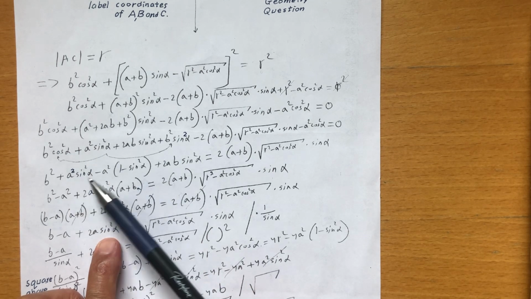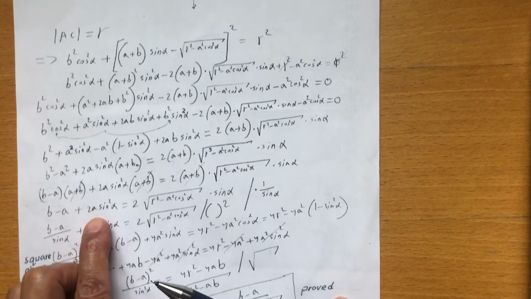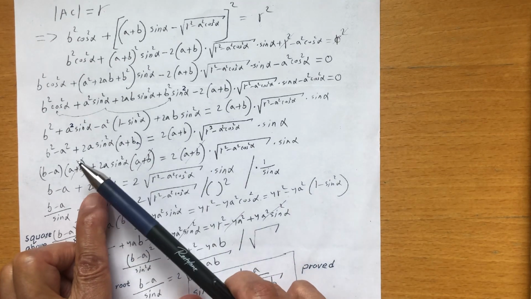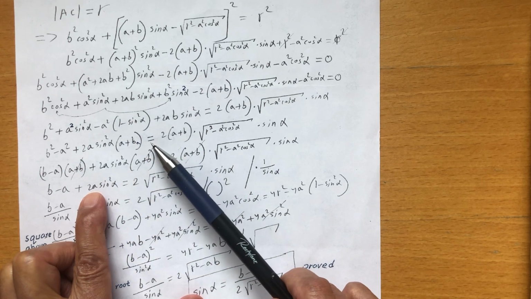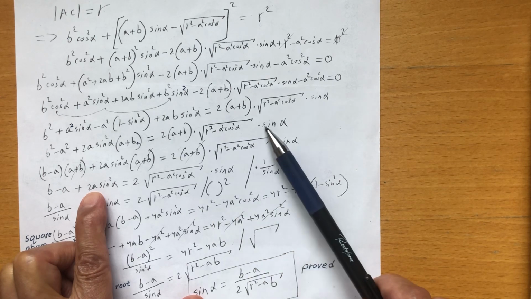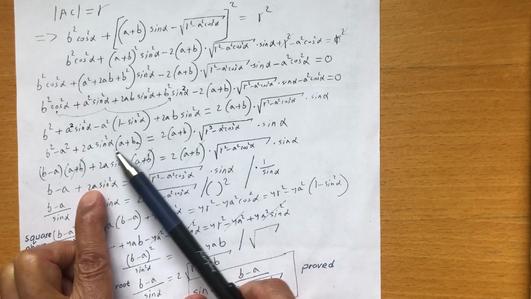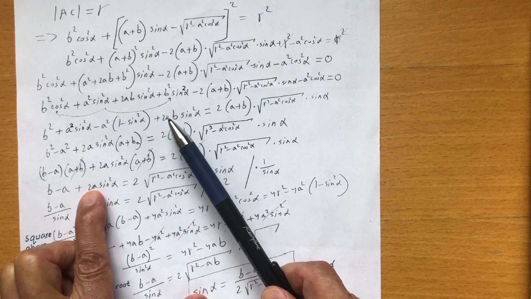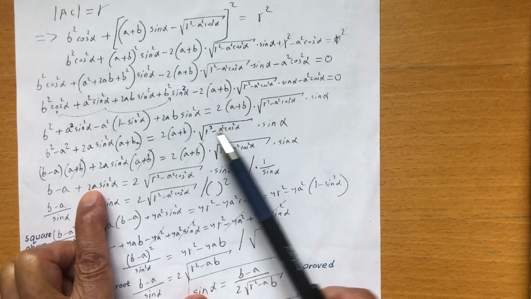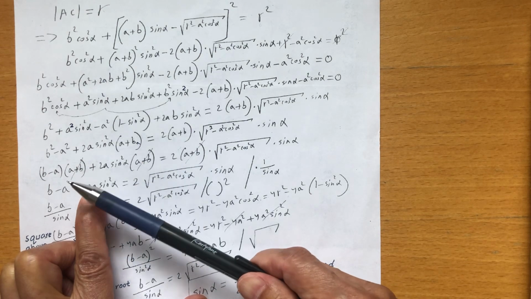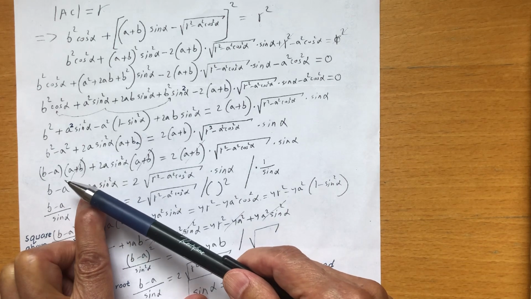And you have this term. Just simplify it, you get this line. Let's see the next line. Okay, let's understand what he is writing. This is just a simplification of this line. If you follow line by line, it's not difficult.